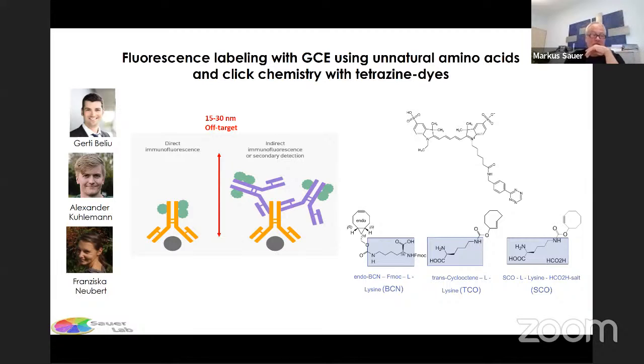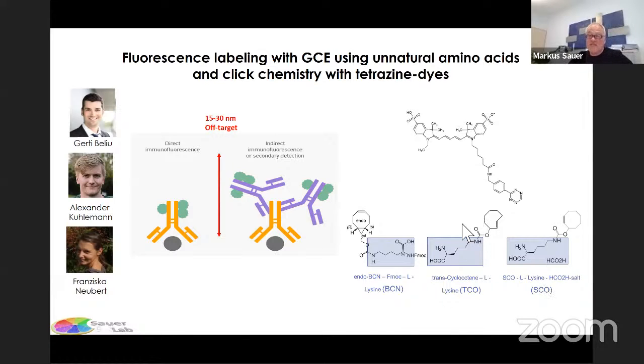If you use standard immunolabeling, you displace the fluorophore about 17.5 nanometers from your point of interest. Genetic code expansion uses an amber stop codon, and you express an RNA synthase pair together with your plasmid for the protein of interest, and you introduce an unnatural amino acid.